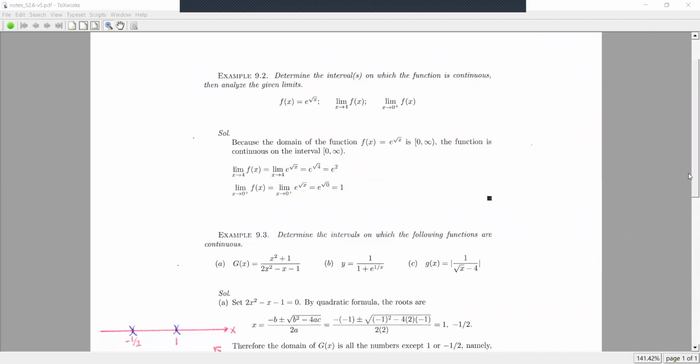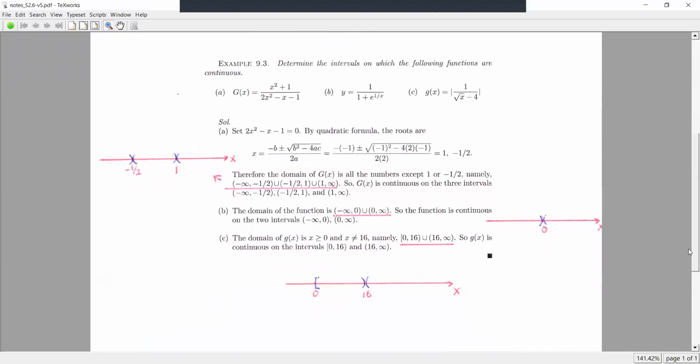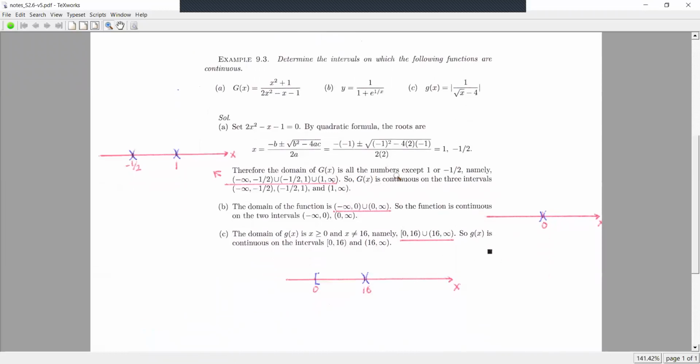Therefore, the domain of function g is all the numbers except 1 or negative 1/2. In interval notation, the domain is the union of these 3 intervals. Therefore, the function g is continuous on these 3 intervals.